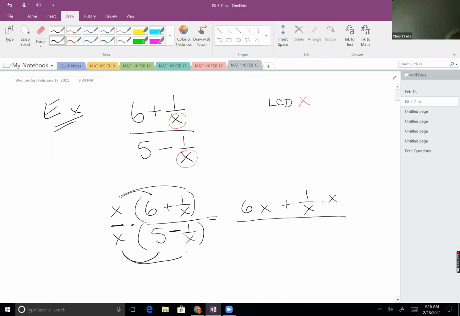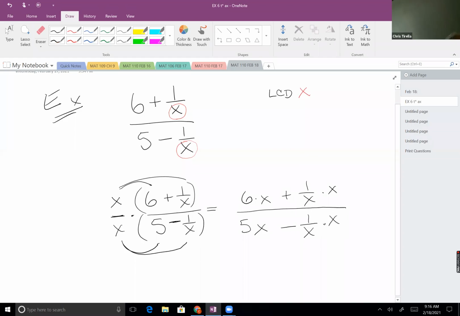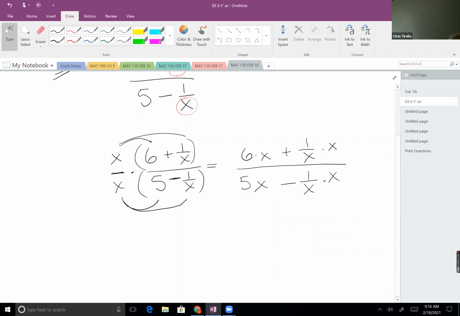In the denominator, I have to distribute. I get 5 times x minus 1 over x times x, where I'm multiplying that fraction by a non-fraction entity. I'm going to think of that plain old x as being x over 1.